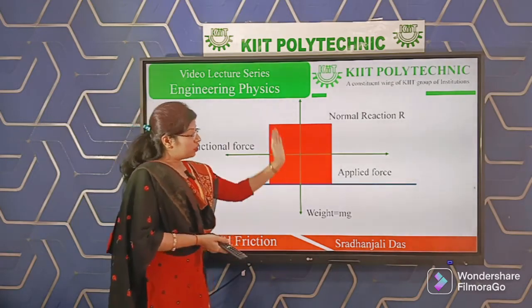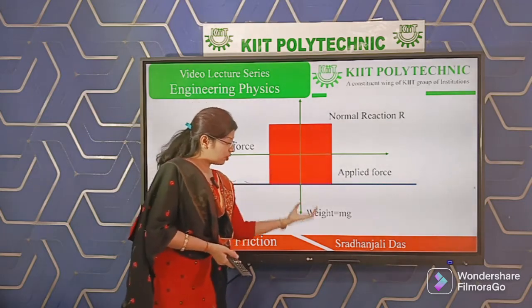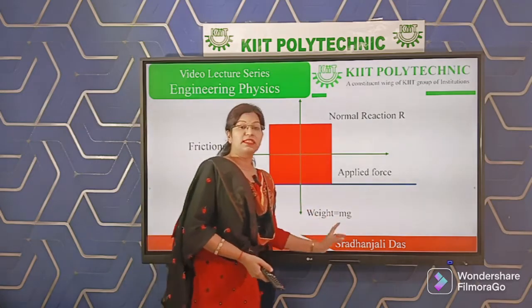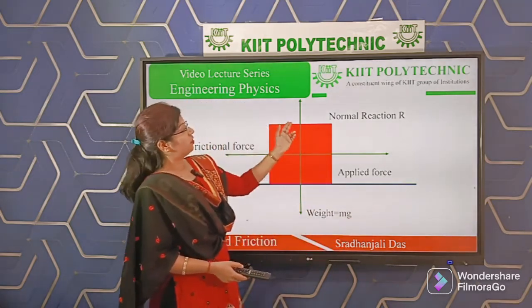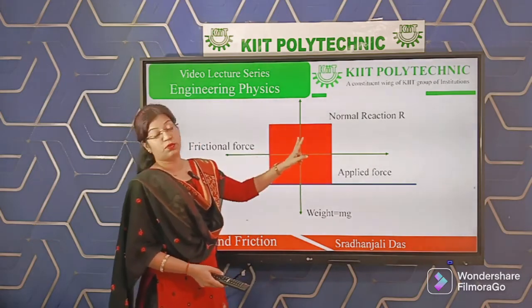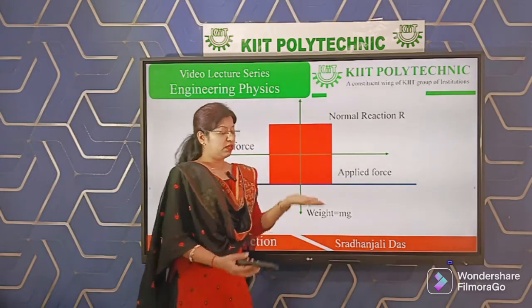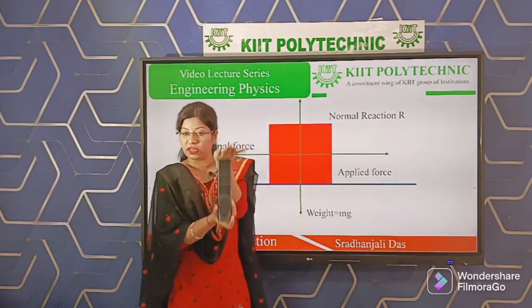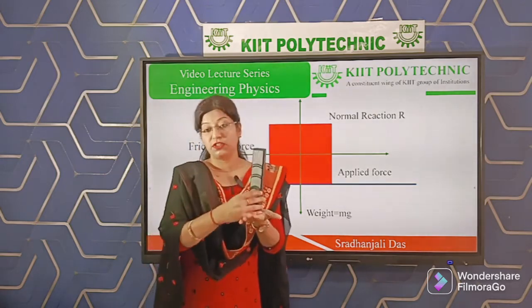And just see here, the weight of the box is acting vertically downward, and what is weight? Weight is equal to mass into acceleration due to gravity. And just watch here, this is the normal reaction, which is represented by the symbol R. So what is that normal reaction? The weight of the body is acting vertically downward, and this weight is balanced by another force.